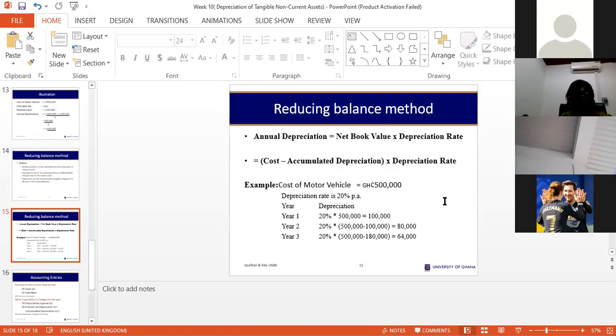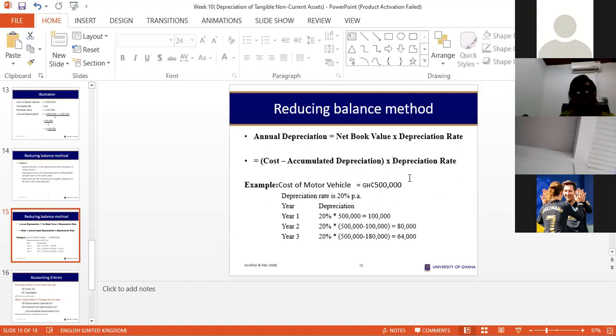So for instance, if we were using the 100,000 in year 1, minus 18,000, year 2 would be the cost minus the accumulated depreciation, so the 100 minus the 18, multiplied by the depreciation rate. That will give us the depreciation amount.